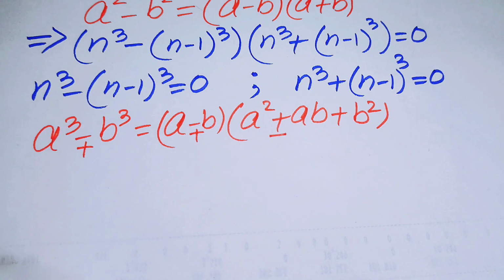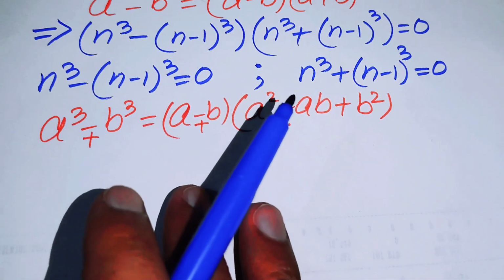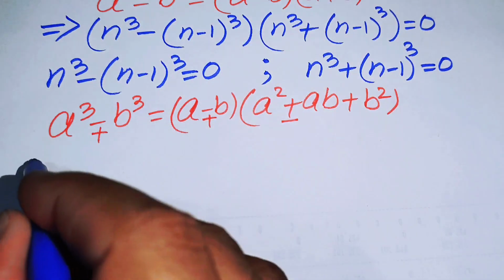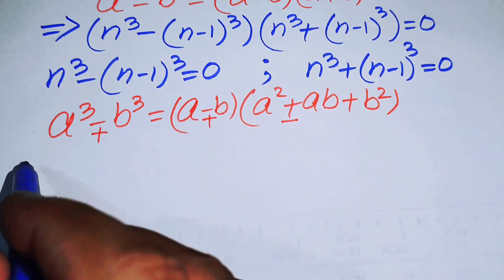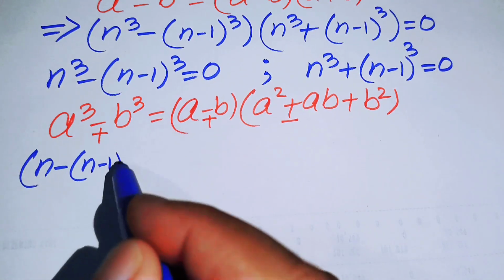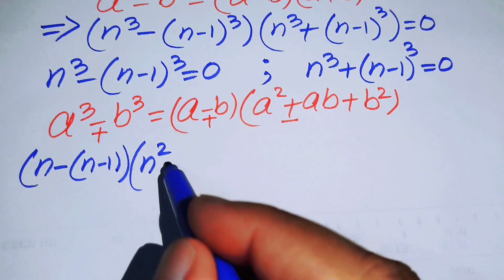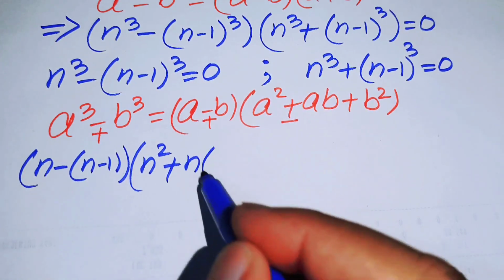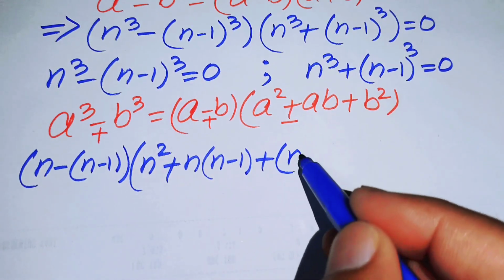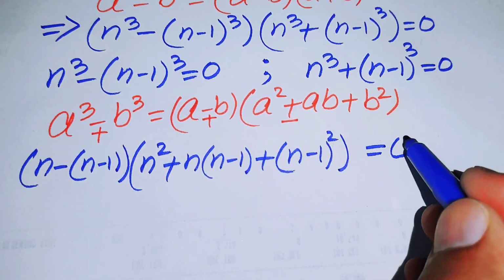So now first I can apply the negative cubic formula to this term, and you will get a cubed minus b cubed, equal to (n minus (n minus 1)) times (n squared plus n times (n minus 1) plus (n minus 1) whole squared), and this is equal to 0.